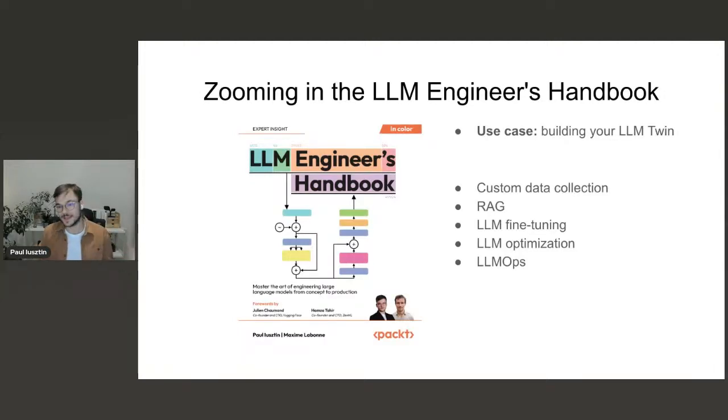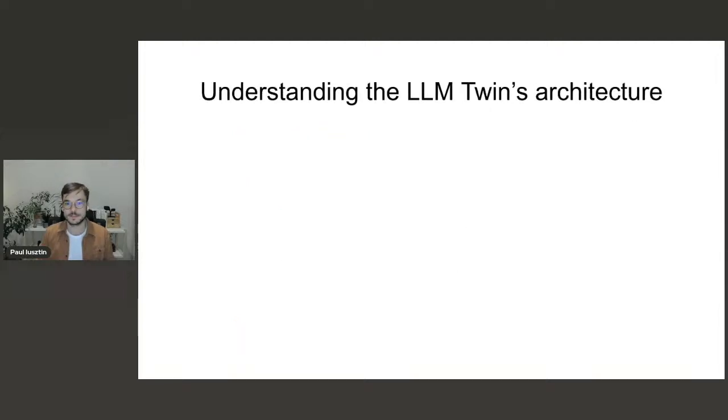Now let's start and dig into the technicals. Let's first understand the LLM Twin's architecture. First, let's understand what an LLM twin is. It's a term that I coined, and it's an LLM where you inject your style and voice.